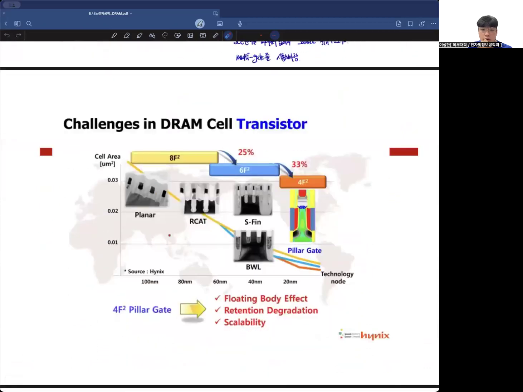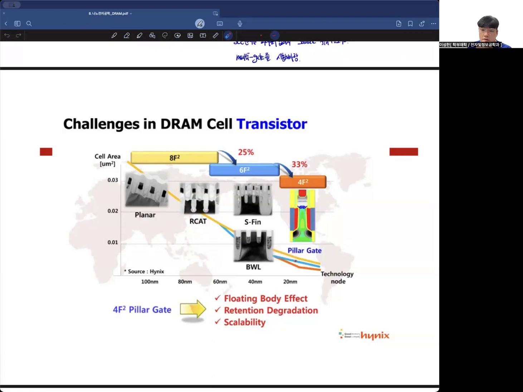And then in the DRAM cell, the spin goes into the body, but there is a limit, so we make the spin go up. It's just like a pillar.